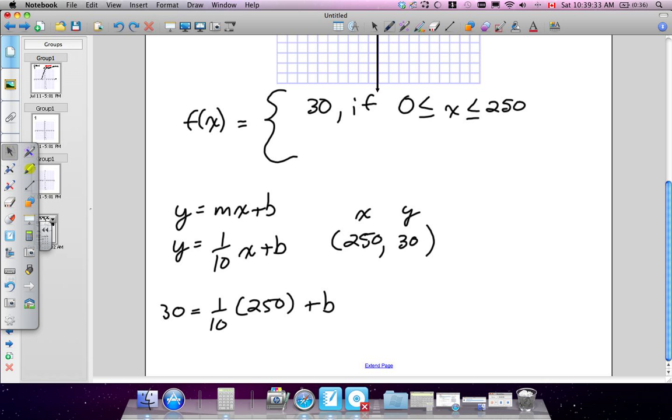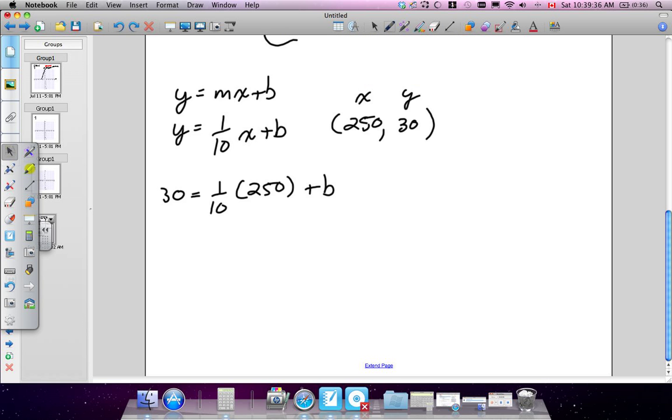So I get 30 is equal to, this is going to be 250 divided by 10, which will actually be 25, plus b. When I move 25 to the other side, what am I going to get? Which is 5. So b is 5.